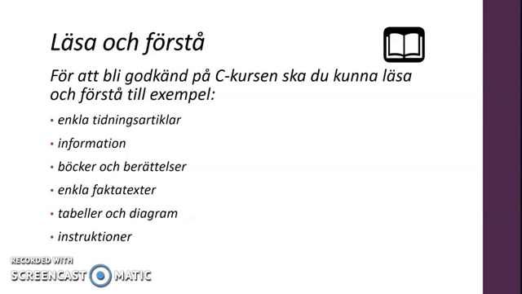To pass Course C, you should be able to read and understand, for example, news in an easy language, information, books and short stories, factual texts, tables and charts, instructions.